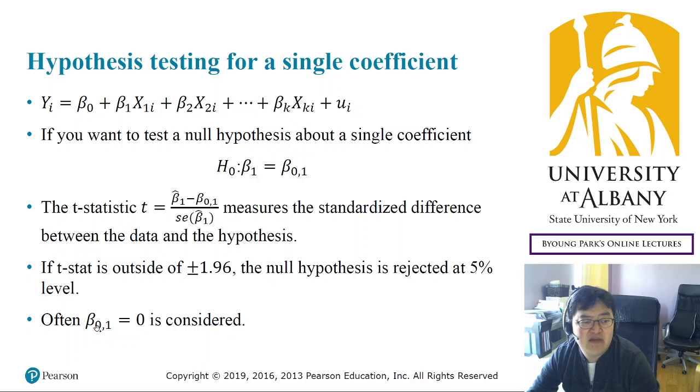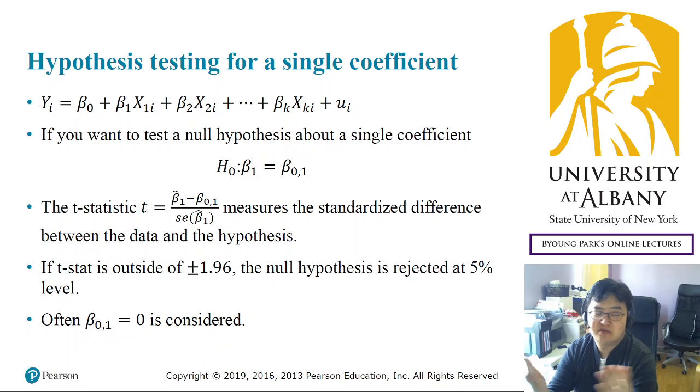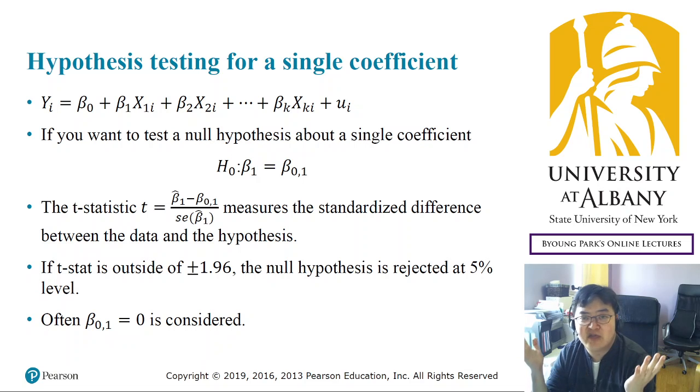And if this cannot be rejected, then your regression has no meaning, because you are looking at the effect of student-to-teacher ratio, but it turns out to be 0. Then nothing can be said. It's simply 0, so your data don't have any relationship implied by the regression model. This is maybe the first question you have to think about.